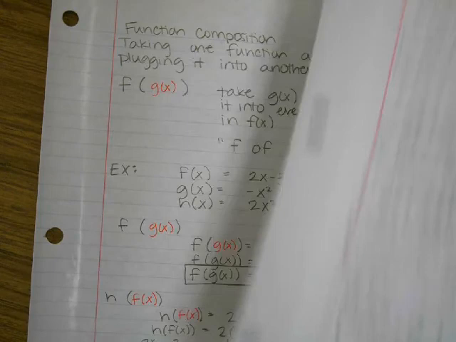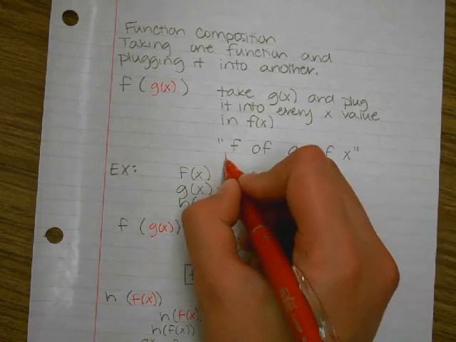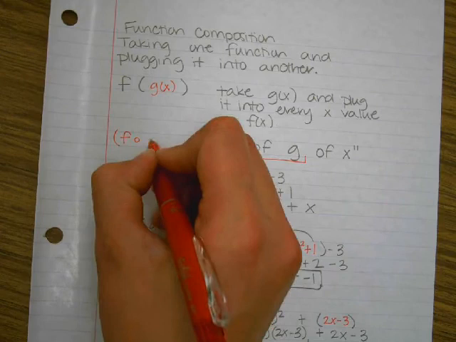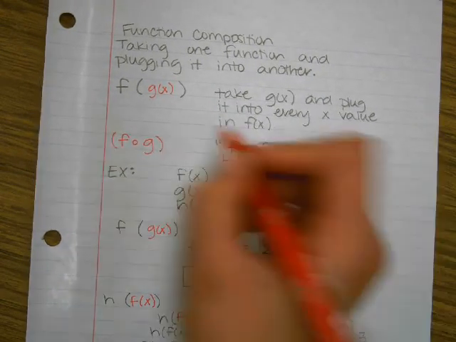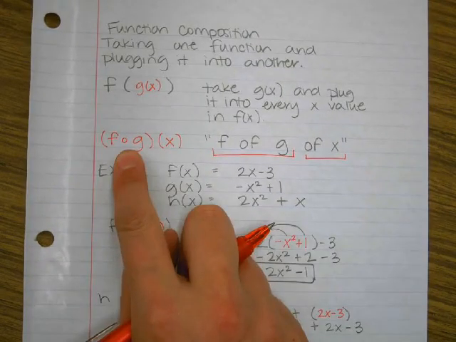We have the same thing with function composition, and this is where the function composition notation comes from. They say f of g, and they write it like this. They say f of g, like that, and then they say of x. So f of g of x.